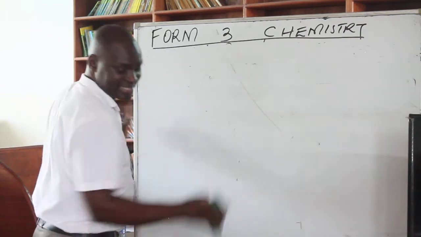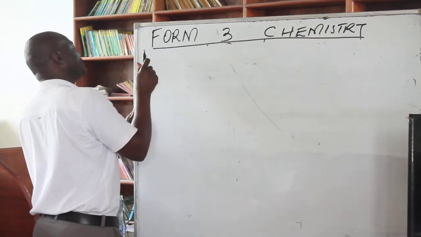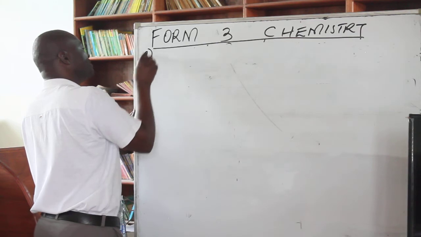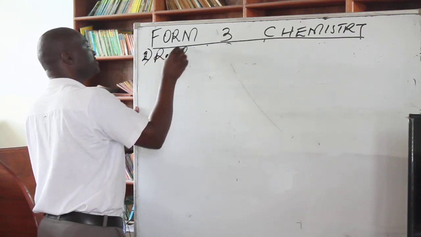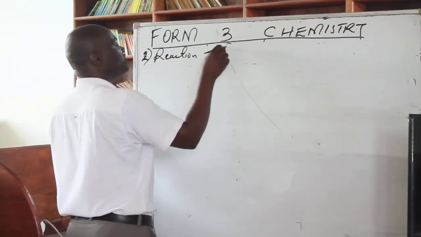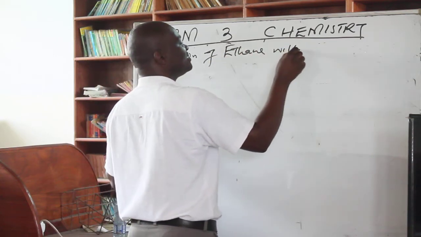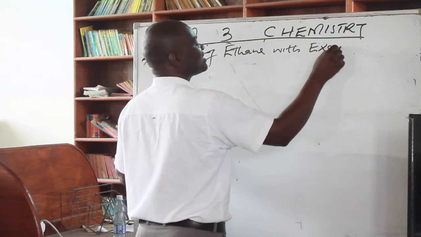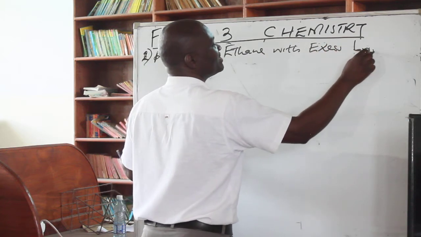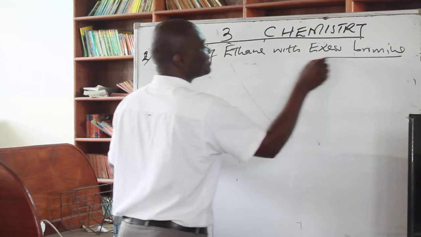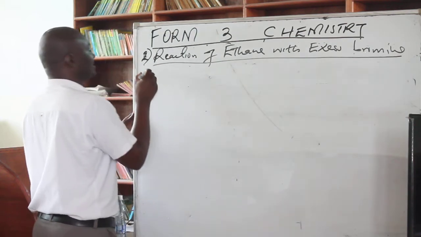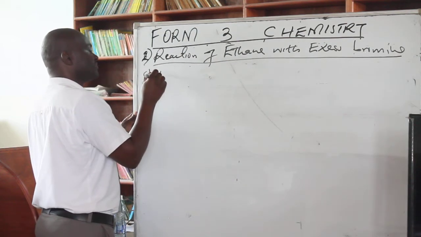So reaction, let's have it as number 2, reaction of ethane with excess bromine. The reaction of ethane with excess. So step 1.